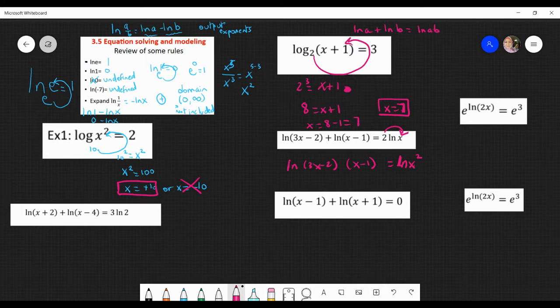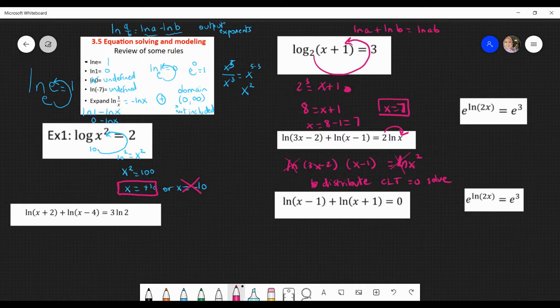So now what we're going to do, I'm not going to finish it up. We have ln on both sides, so we can get rid of these. And we're going to distribute and combine like terms, set equal to 0 and solve. It's going to turn into a quadratic function.